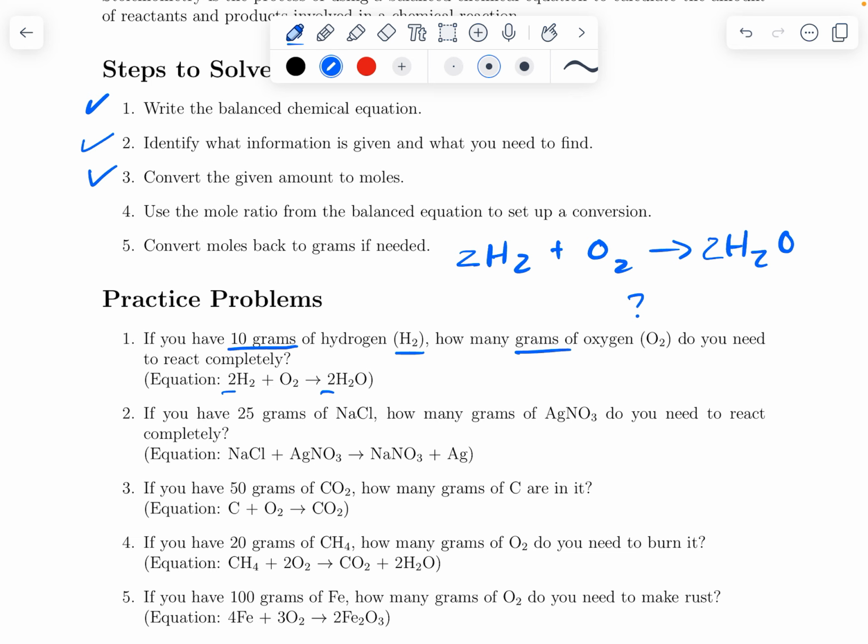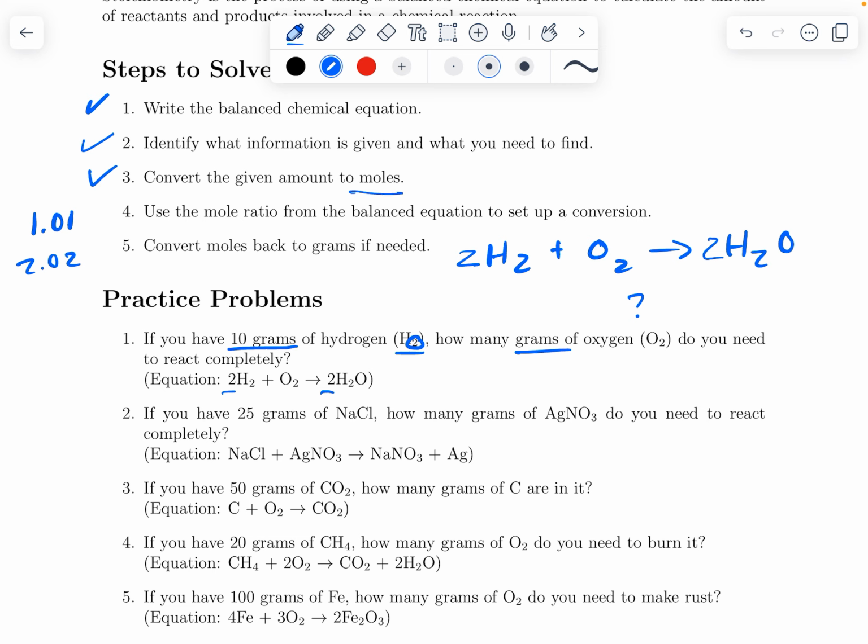We'll need a periodic table for that. If you look up hydrogen, you'll find its atomic mass is 1.01 rounding. But this is not just hydrogen by itself. It's got a subscript on it. So that means it's two hydrogens stuck together as a molecule. So that'd be 2.02. So that means we've got to convert the 10 grams into moles.